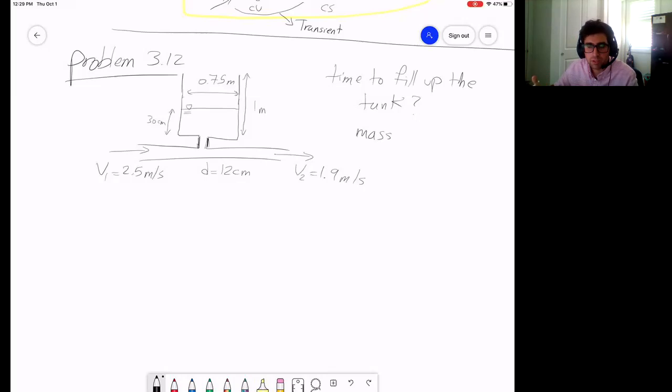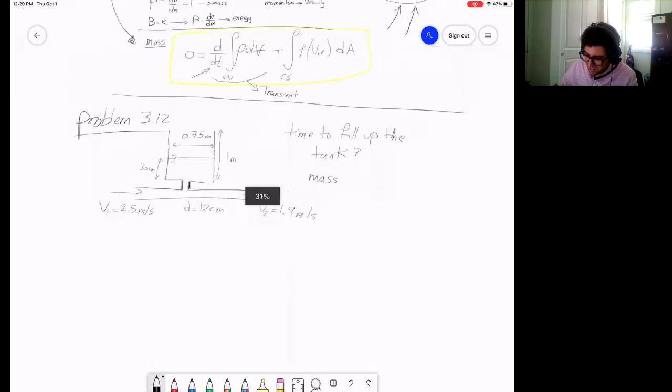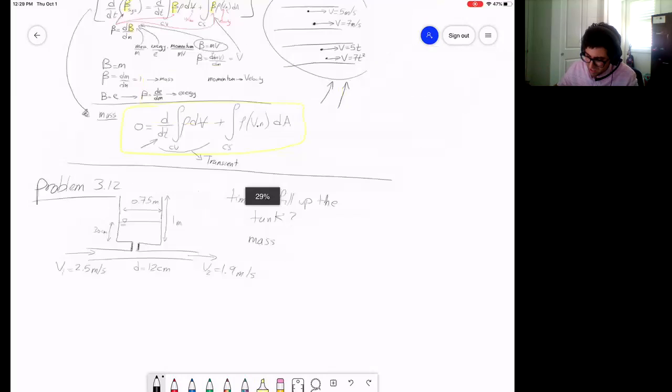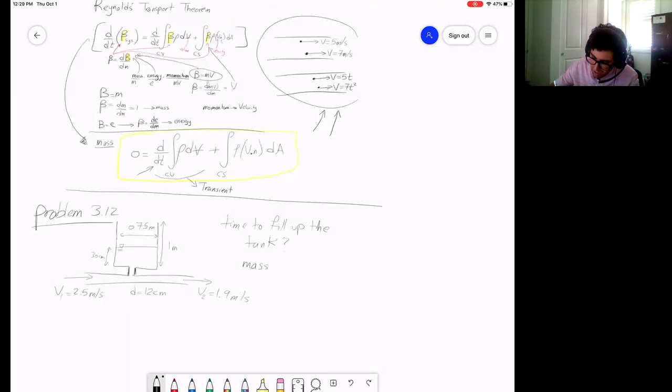It can be momentum, right? Because the momentum has mass, but I think I should say that we only use momentum when we're dealing with forces, right? I think I didn't mention this here. I know if you do the transport theorem for mass, it's 0, right? What about momentum? How would you write the momentum equation?